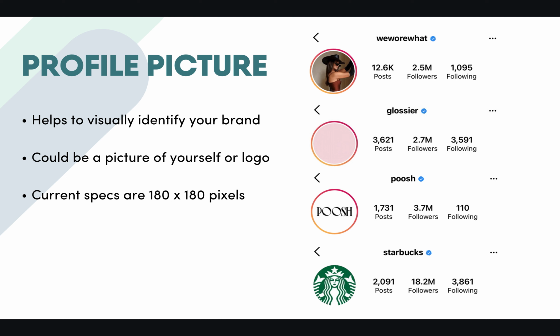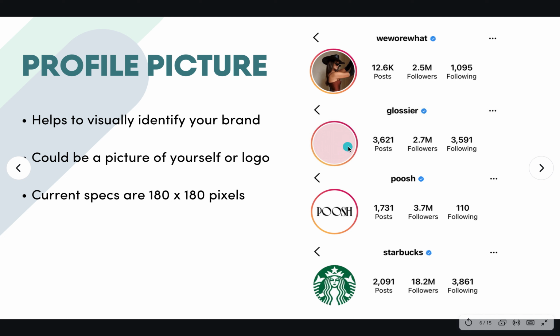You can't have a cropped logo or a tiny logo that people can't see and expect for someone to understand what it is. So you see here in this first example, she's an influencer, so simply having a photo of herself, perfect, clear, easy to see. You can see that she's very fashion oriented, so great photo. Glossier, instead of using their logo, chose to use their brand color, which is the pink one.